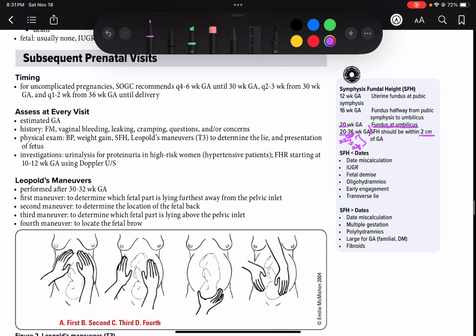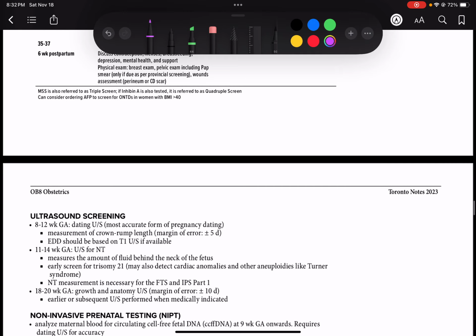I mean, it's not 22 to 24, this is not the measurement. If this is the umbilicus, then it should be 2 centimeters above or below. So within 2 centimeters of gestational age. Yes. Okay.